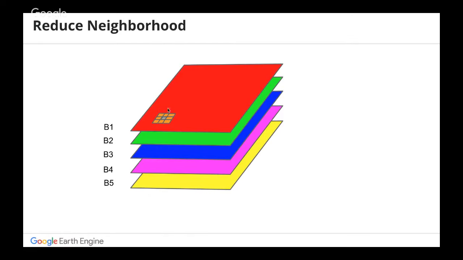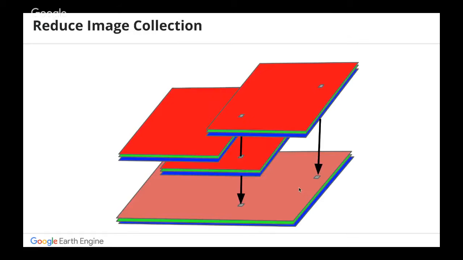You can reduce a neighborhood. So here the input to the reducer is this little sliding window, and this slides around, and you can compute, for example, the mean of pixels in that little window, which is a low-pass filtering operation, but there are also edge detection filters and so forth. So this is called reduce neighborhood, and that's how convolutions are implemented in Earth Engine. You can reduce an image collection.